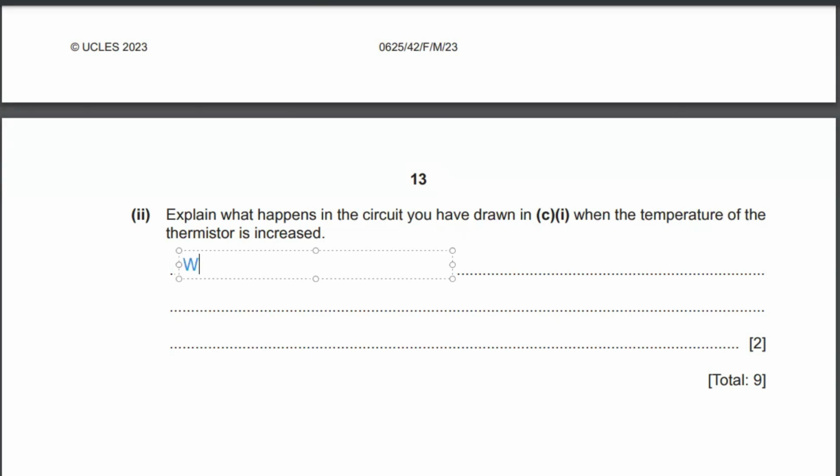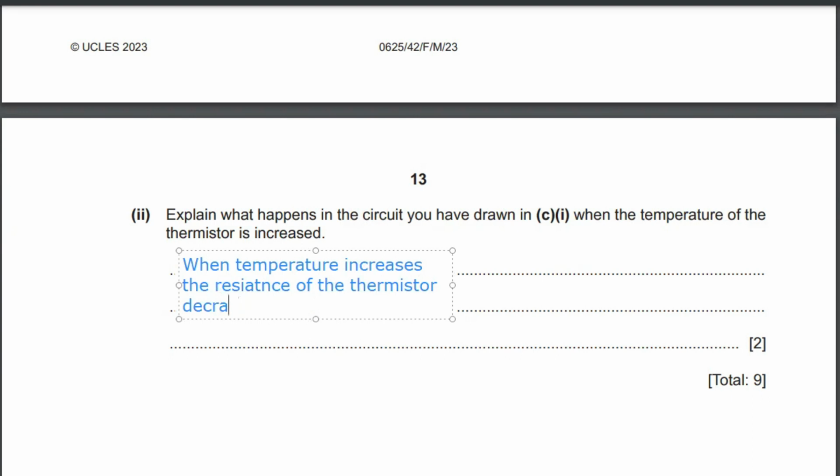So when temperature increases, the resistance of the thermistor decreases. So it is inversely proportional to the temperature.